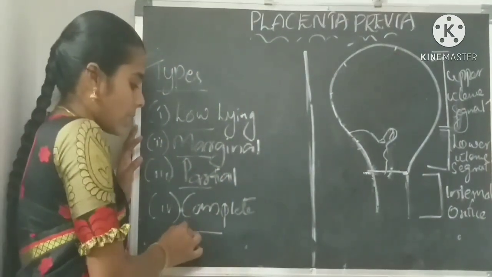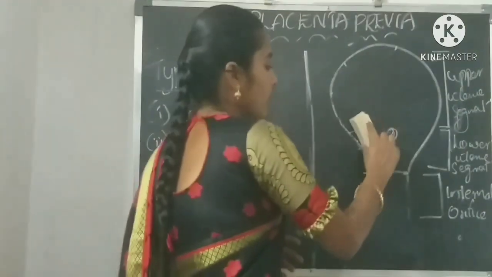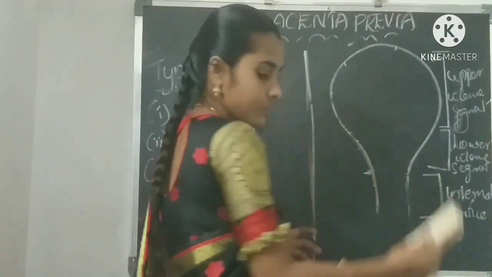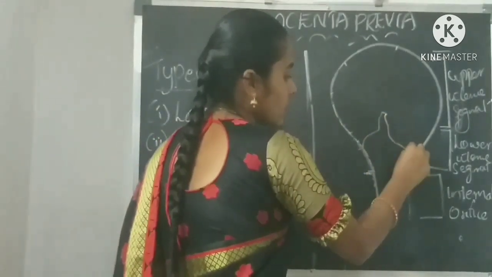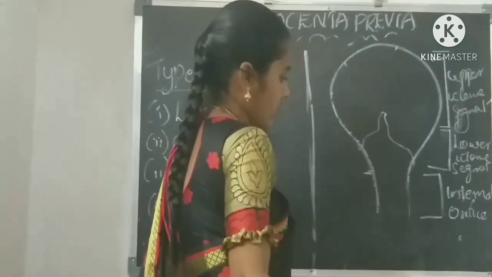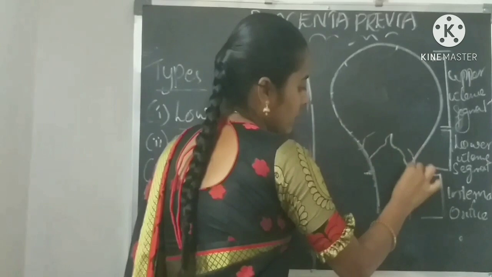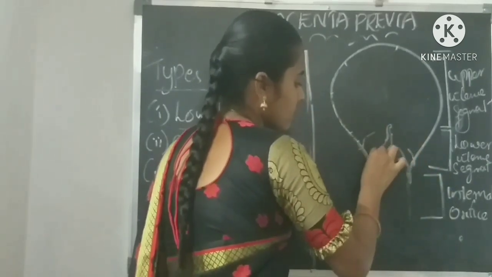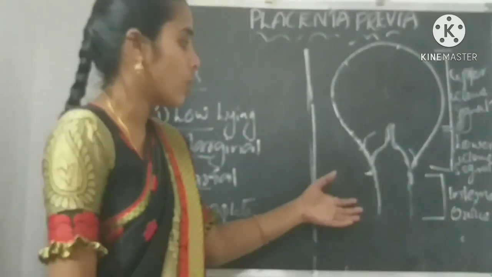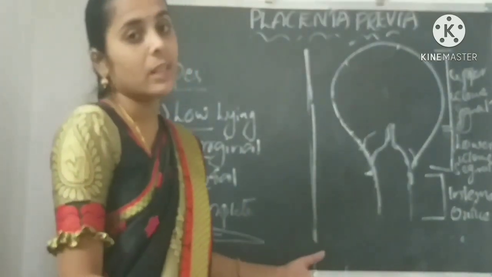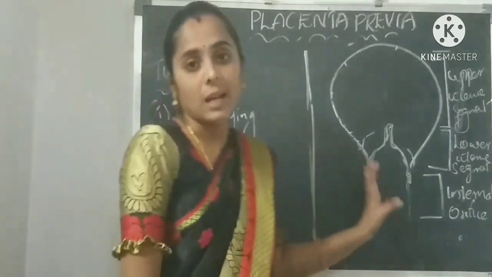So next we will see the complete placenta previa. In complete placenta previa, the placenta fully covers the internal orifice, like this. If the placenta covers the internal orifice completely, then it is called complete placenta previa.